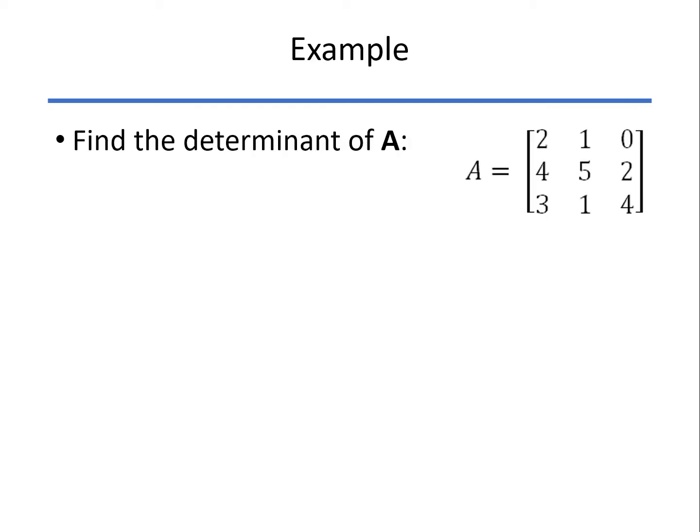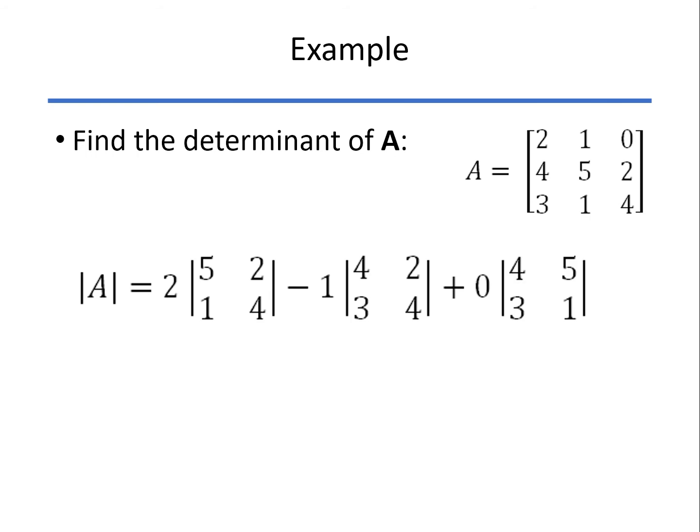So here's a 3 by 3. To expand this out, the first term is going to be A11, which is 2, times the determinant of the 2 by 2 matrix 5 2, 1 4. The second term involves A12, but remember that's got to have a negative sign, times the matrix 4 2, 3 4, the determinant of that.